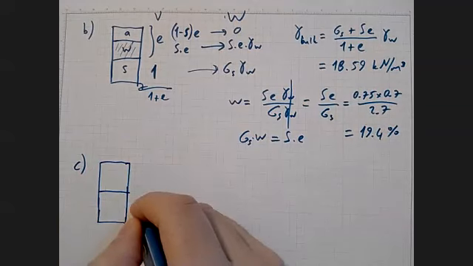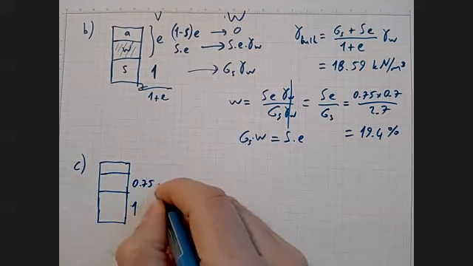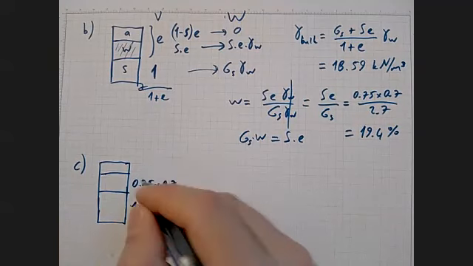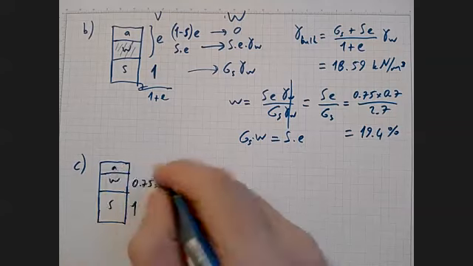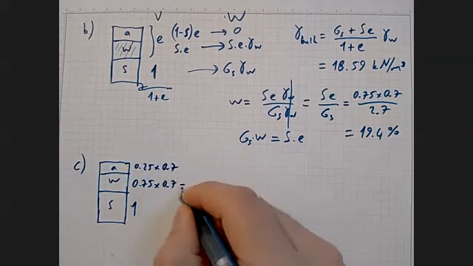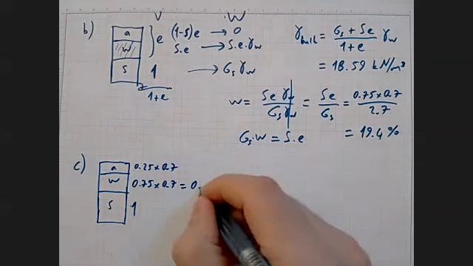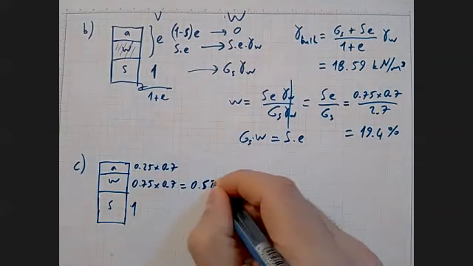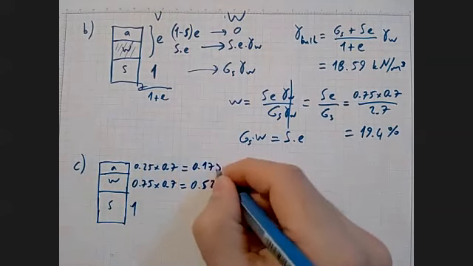So here I have 1, here I have 0.75 times 0.7 water, solid, air, and here I have 0.25 times 0.7. So 0.75 times 0.7 is 0.525, and this is the remainder, 0.175.